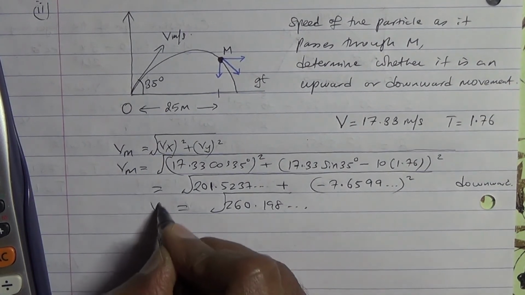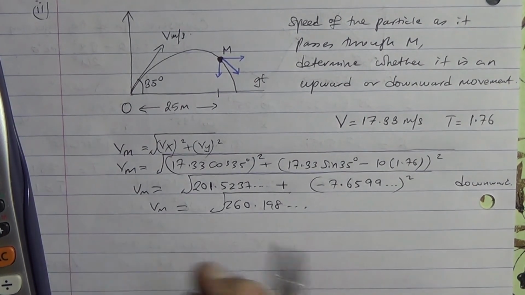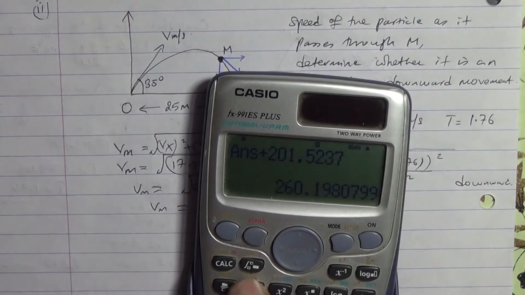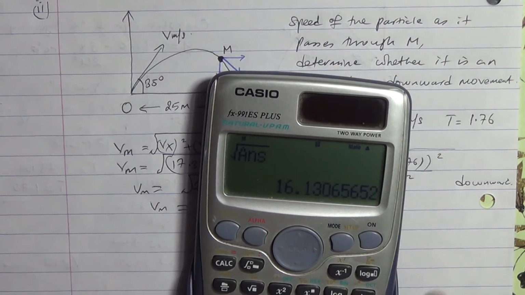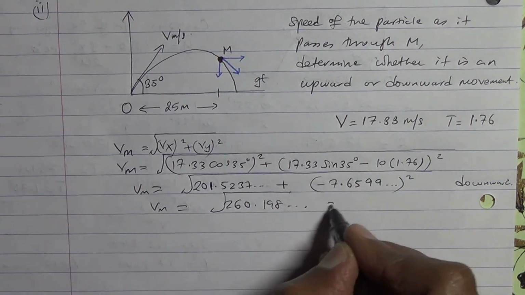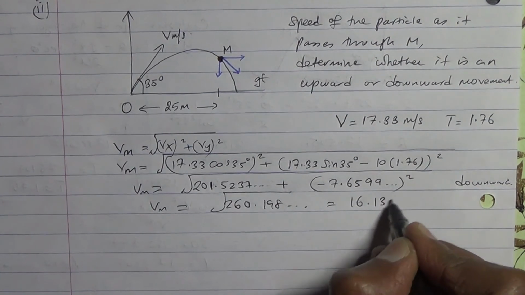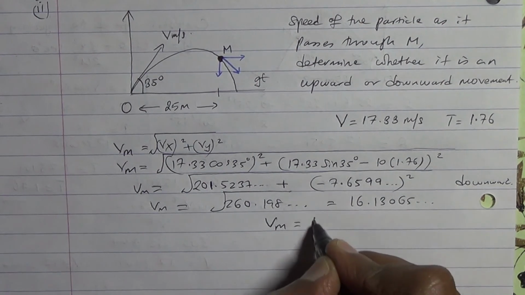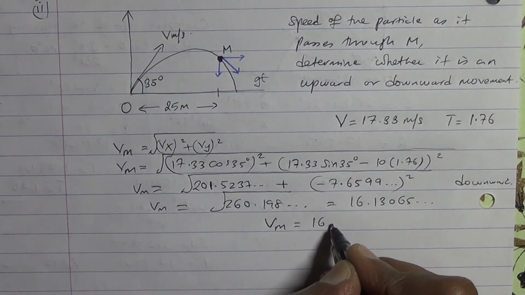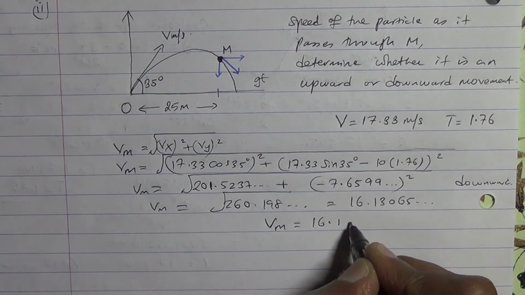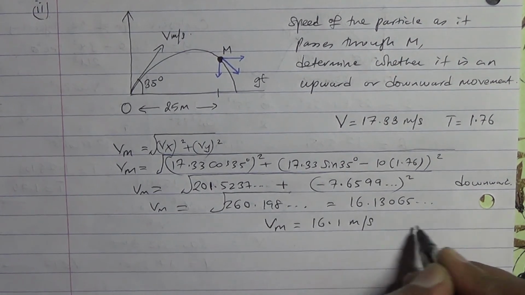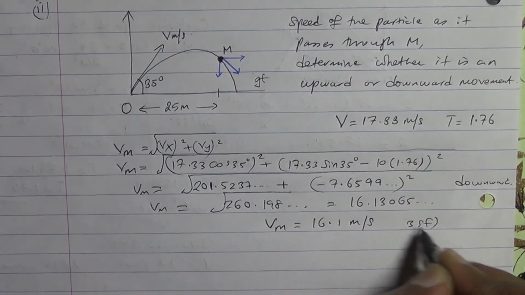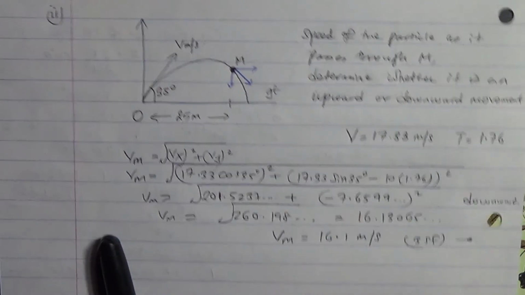Square root of all of that is 16.1305 etc. So the speed as it passes M, I'm going to call it Vm, is 16.1 meters per second to 3 significant figures. Here we are for the second part. Take care.